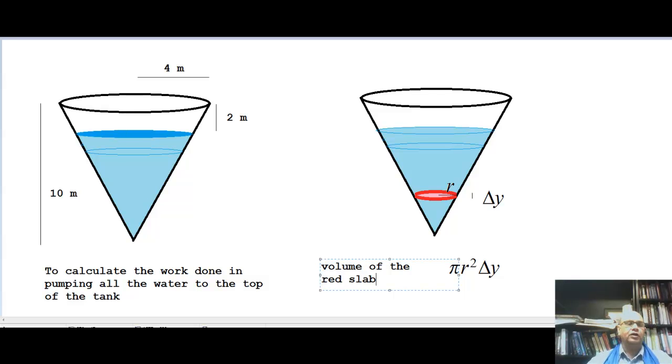Now we just have to do some little algebra or very basic geometry. We are going to integrate with respect to y, and this is r. So we have to go ahead and figure out a relationship between r and y. Am I making sense?